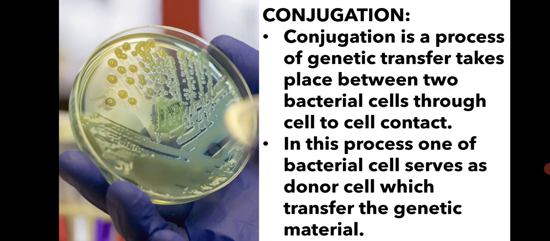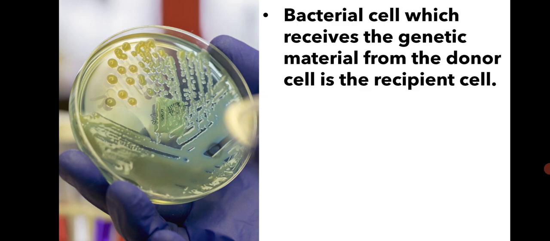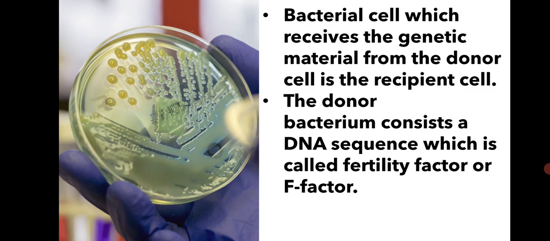In this process, one of the bacterial cells serves as a donor cell which transfers the genetic material, and the other will obviously be the recipient cell. The bacterial cell which receives the genetic material from the donor cell is the recipient cell.